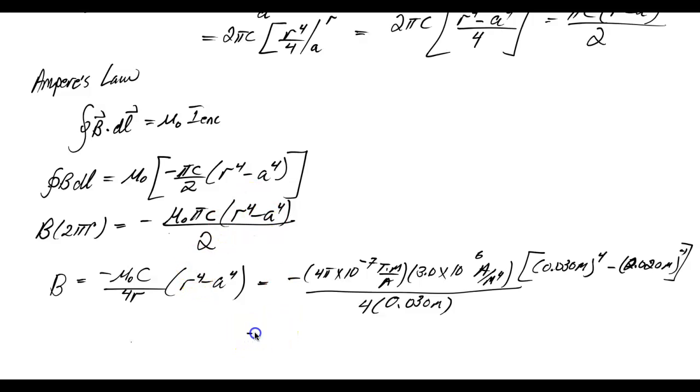And if we multiply these out, we get about negative 2.0 times 10 to the minus 5th Tesla.